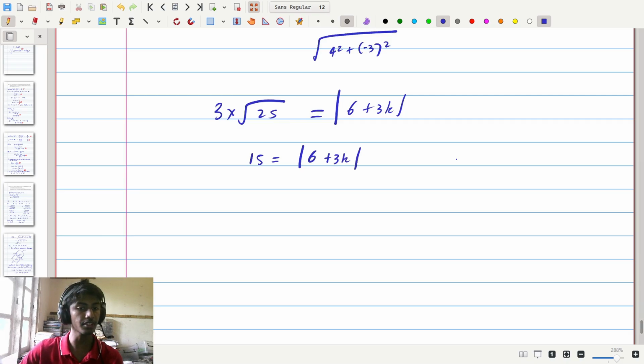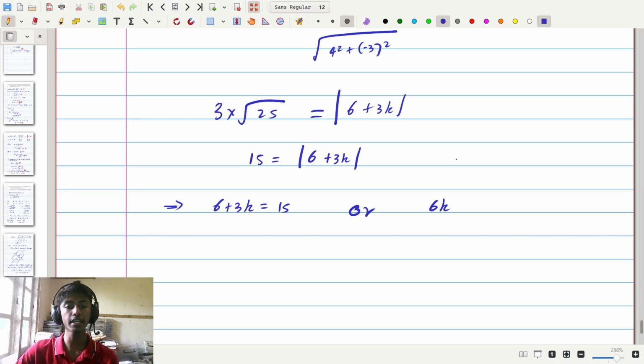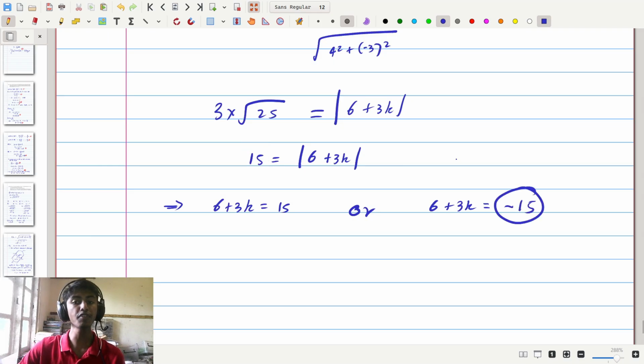Now from that we can see we'll get either 6 plus 3k being equal to 15, or 6 plus 3k being equal to the negative value of the thing outside, which is negative 15. Because in that case also, if we substitute negative 15 inside the modulus, negative 15 is also equal to 15.